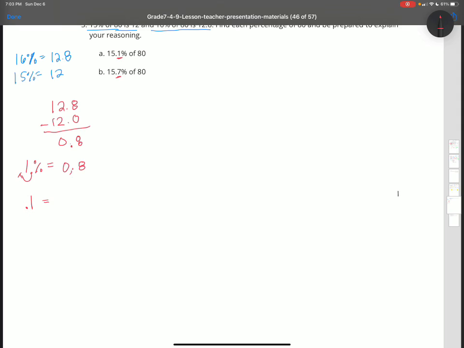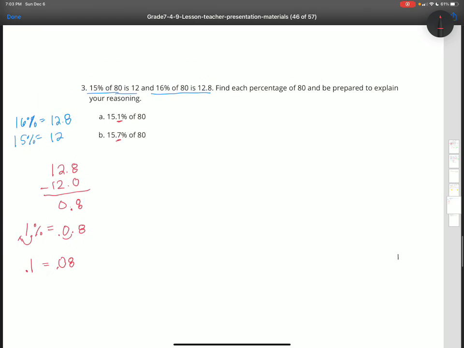All right. So it's going to be 0.1% or 1/10% is equal to 0.08 for the portion. So we know that if we use the associative property, I'll break those two up.